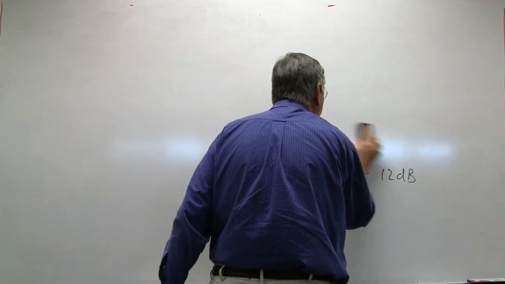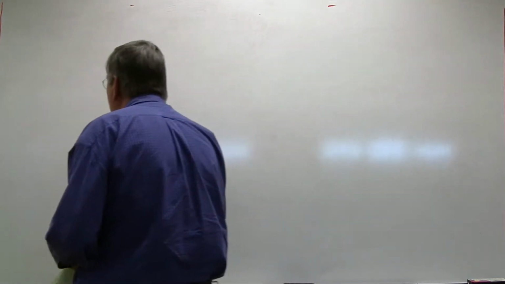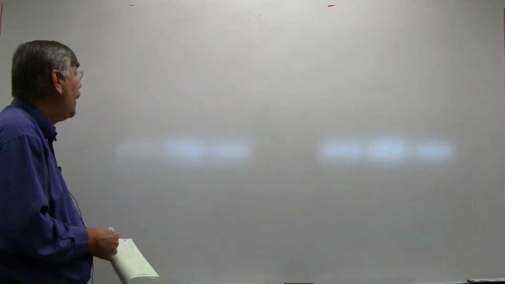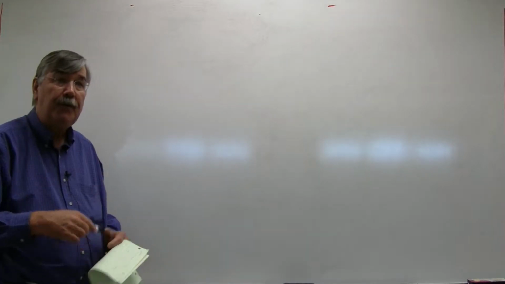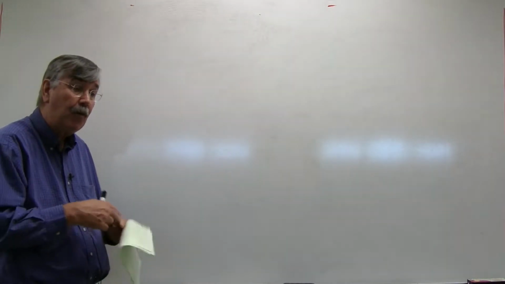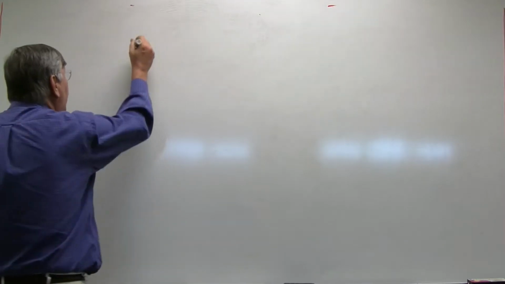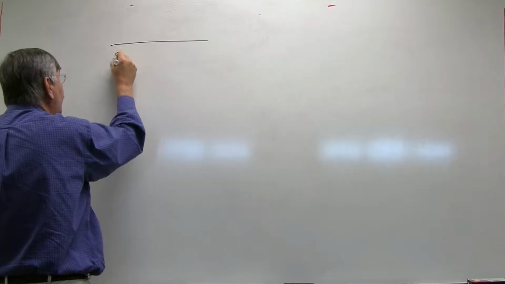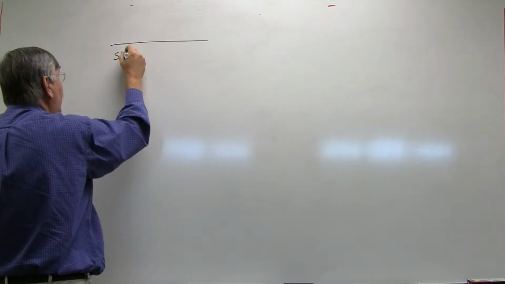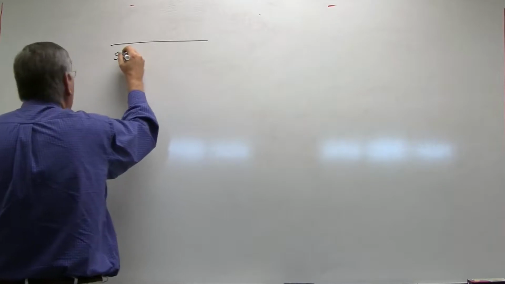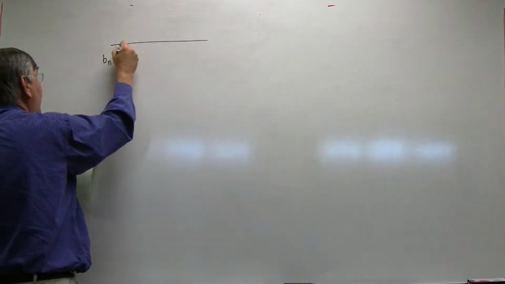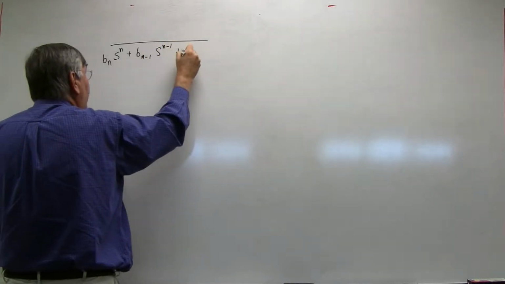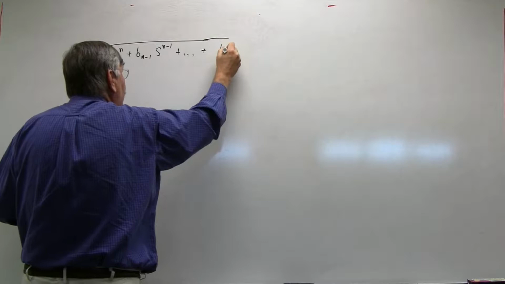So again, Bode plots are plots of the magnitude and phase of frequency responses. What do I mean by frequency responses? We've elsewhere talked about the fact that if we want to know the response of a system, a lot of times we can represent this in terms of the characteristic polynomials. So maybe we would have a polynomial of the form b sub n s to the n plus b sub n minus 1, s to the n minus 1, etc., all the way down to maybe b0, a constant term.